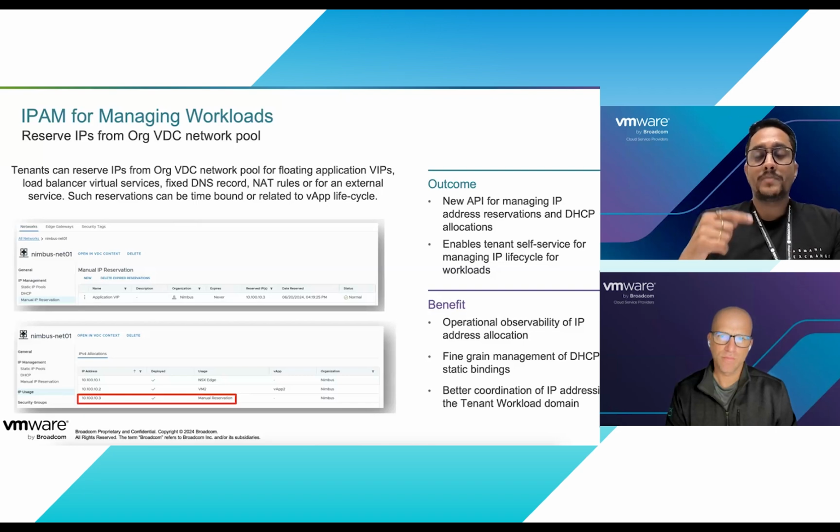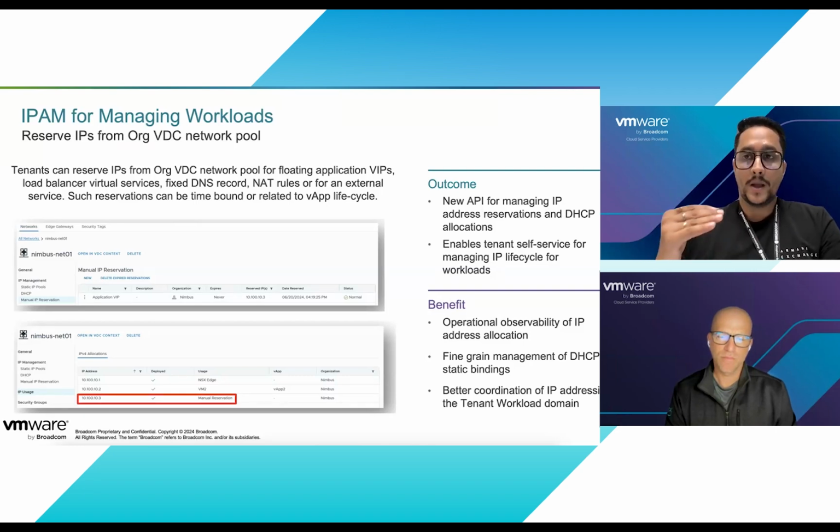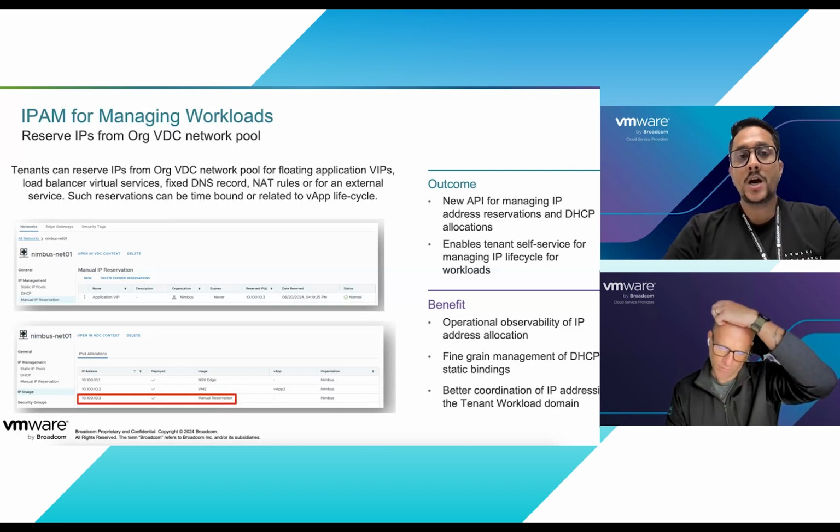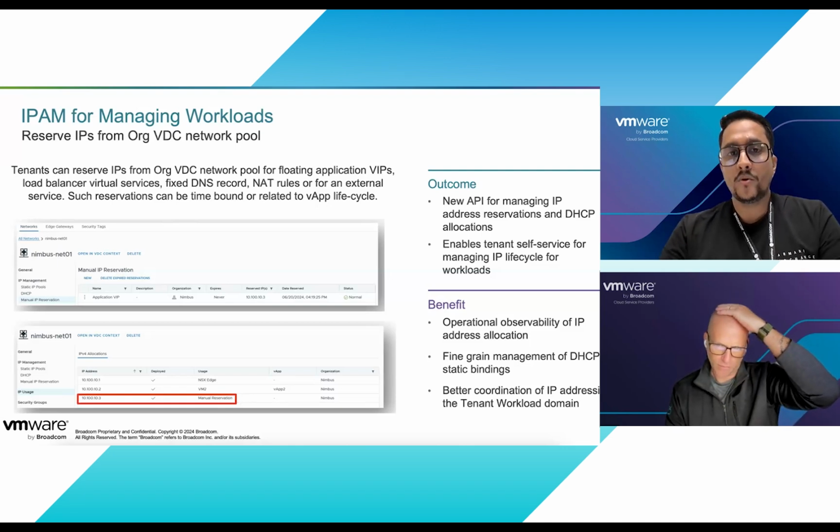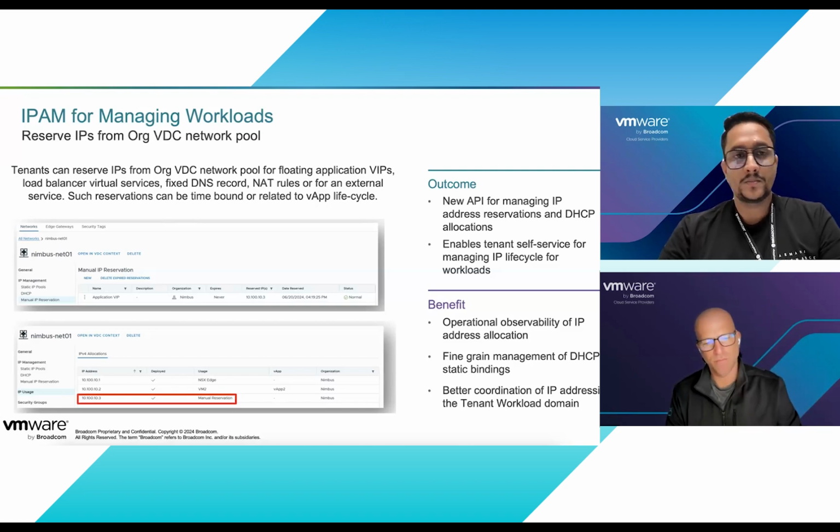From the IP address management IP space system, I can now reserve IPs for them. This is how it will look: this is a VIP IP for the load balancer, and it is a manually reserved IP address, which means IP address reservation is now possible within the network pool for your floating applications.